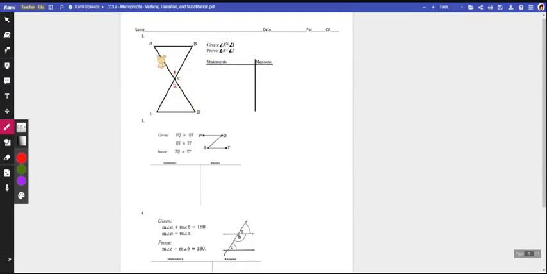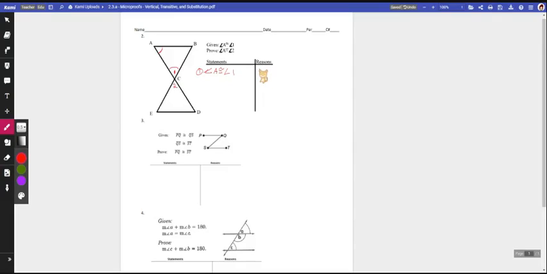So I'm given that angle A is congruent to angle 1. So that means this angle is congruent to this angle. And so I can write that in my statements. Statement 1 is going to be angle A is congruent to angle 1.